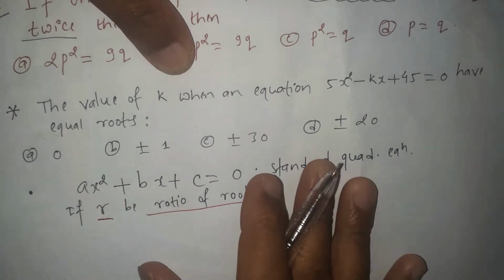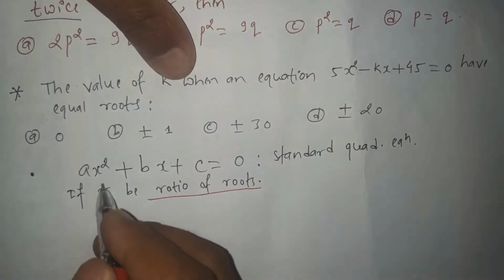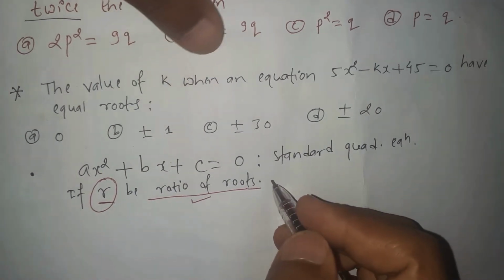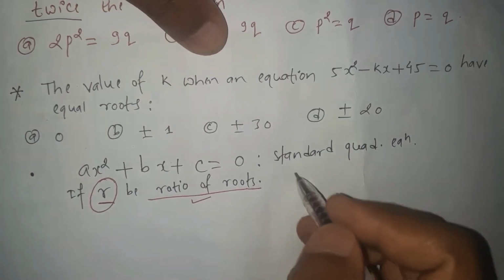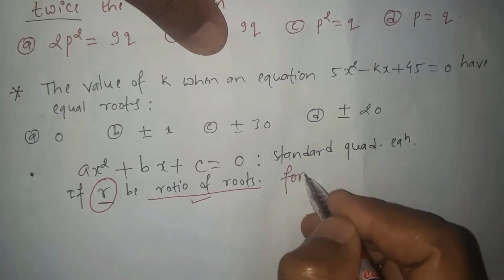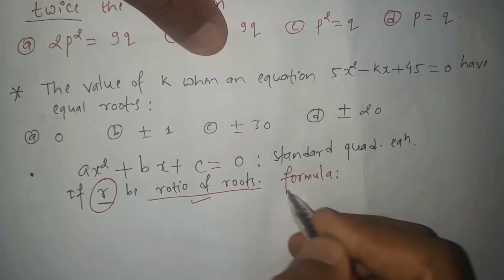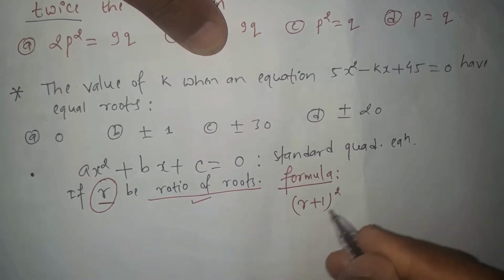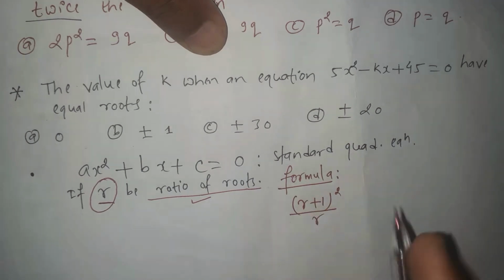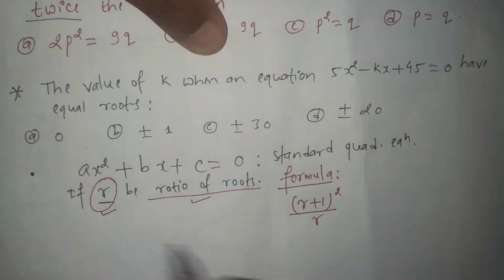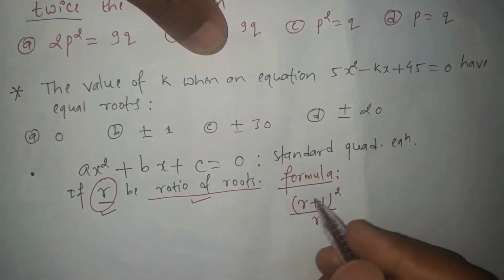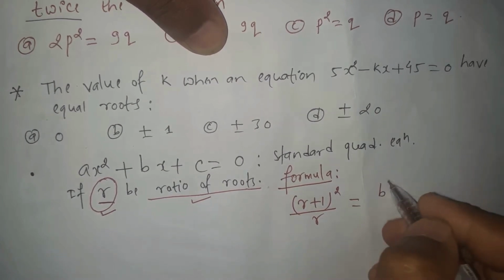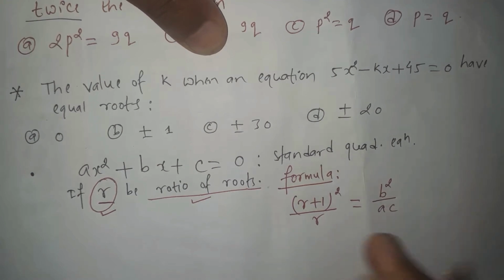These equations will give two solutions, two roots. If this r represents the ratio of the roots, then a relation always holds true. This is a very important formula. Please remember this formula. The formula is (r plus 1) whole square over r, where r represents the ratio of the two roots, always equals b square over ac.